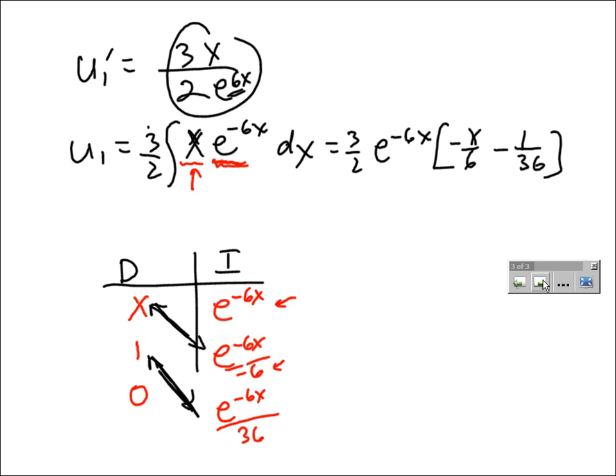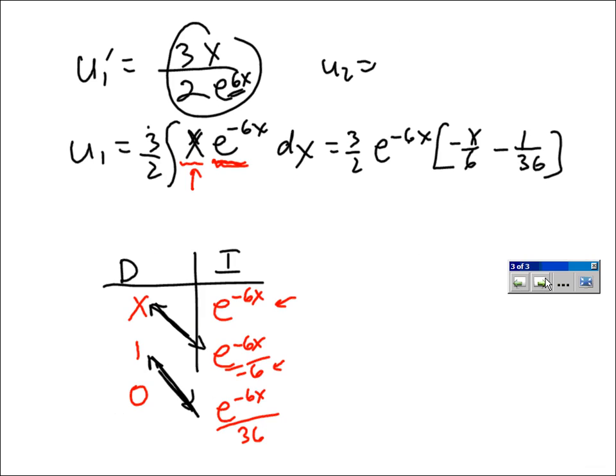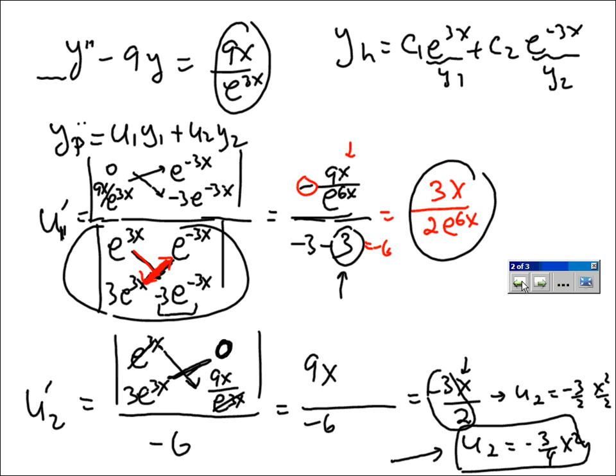So we have u1. I'm going to write u2 up there. U sub 2 was negative 3/4 x squared. I'm going to write down what y1 equals, and what y2 equals. y1 is e to the 3x, and y2 is e to the negative 3x.